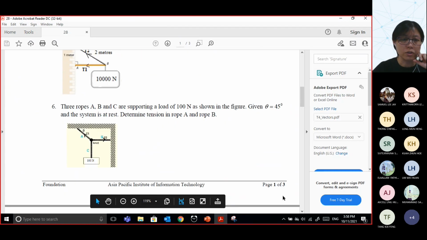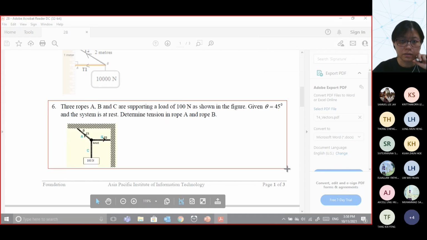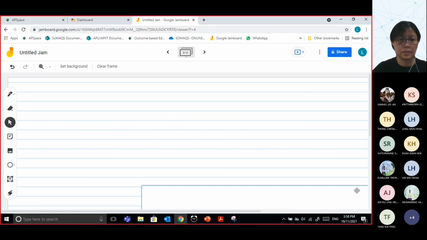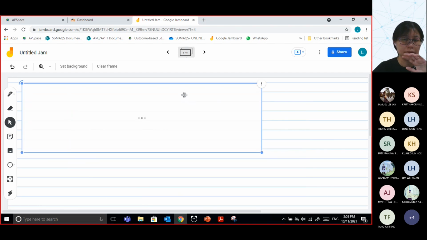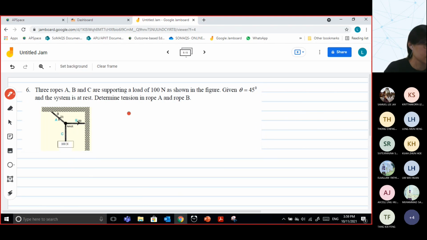Okay, so we have question 6. Let me share my answer for this one. There's a T1 and T2.